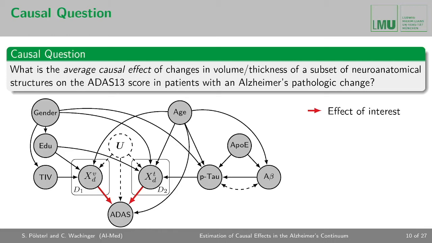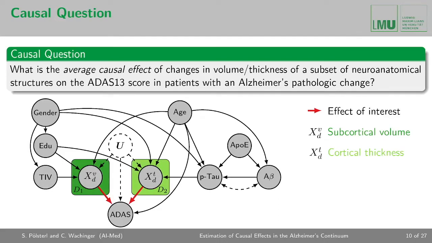Instead, I'm going to highlight a couple of properties that are going to become important later. First of all, the effects we want to estimate are marked by red arrows. It's the causal effect of subcortical volumes and cortical thickness on the ADAS score. Subcortical volumes are represented by D1 nodes in the graph, highlighted in dark green.